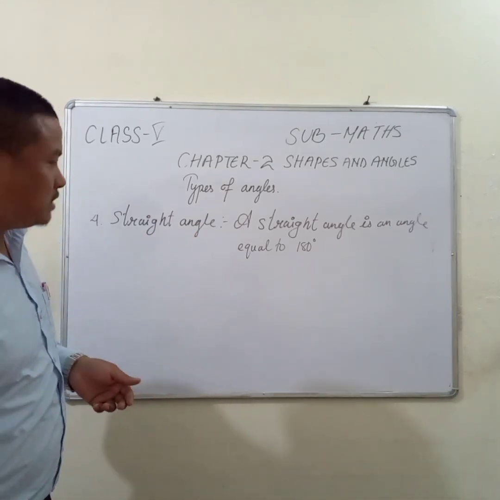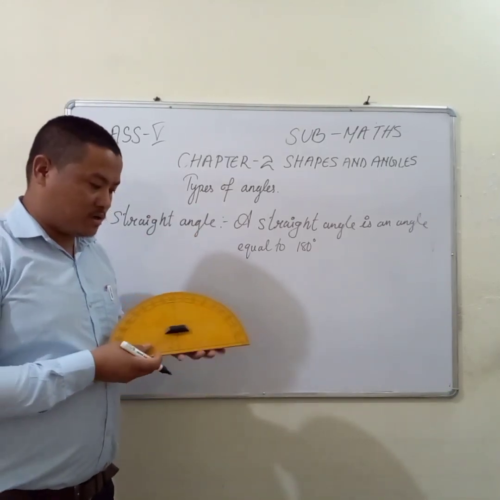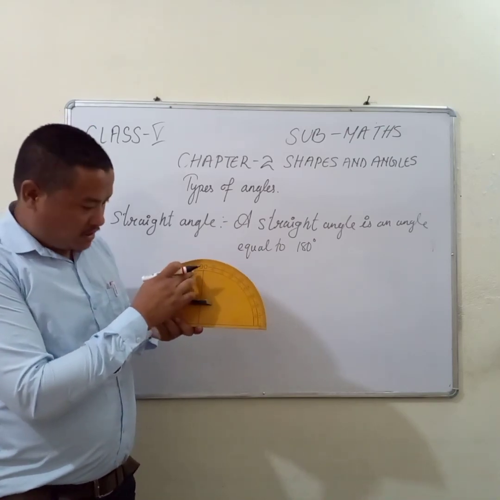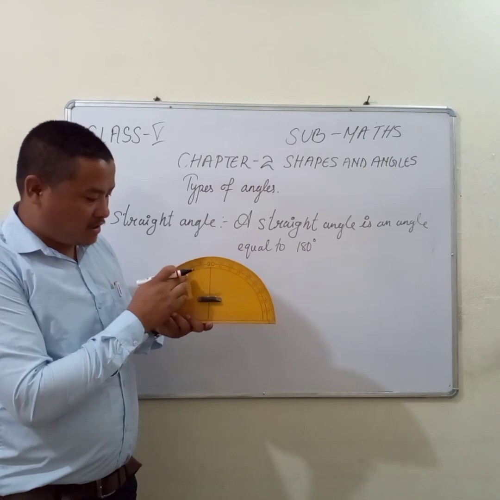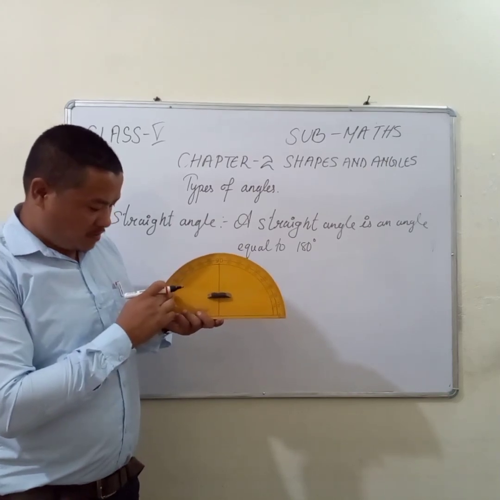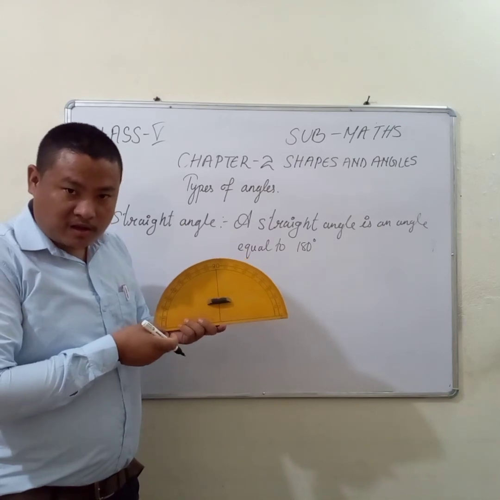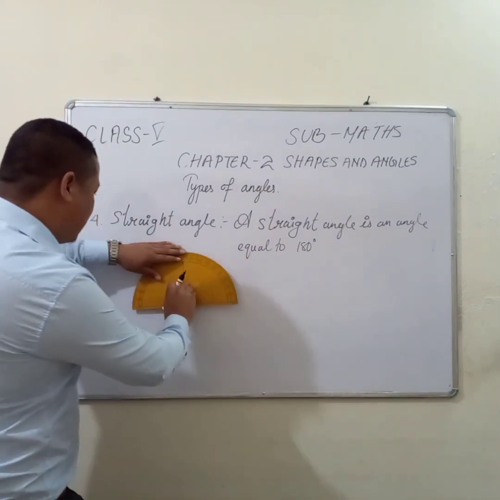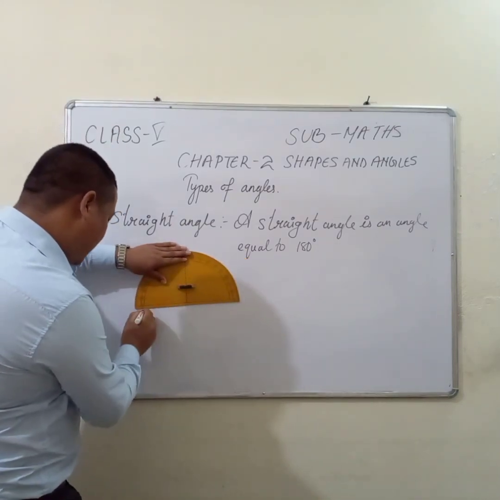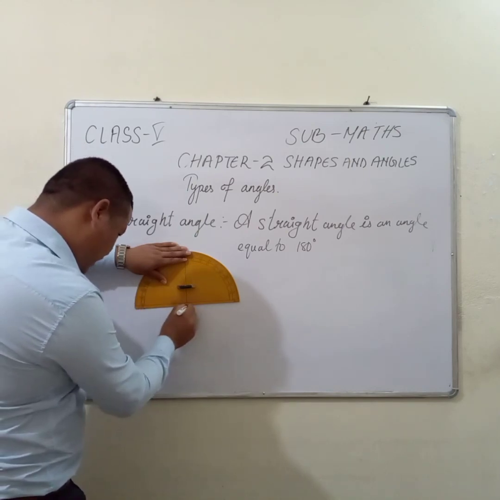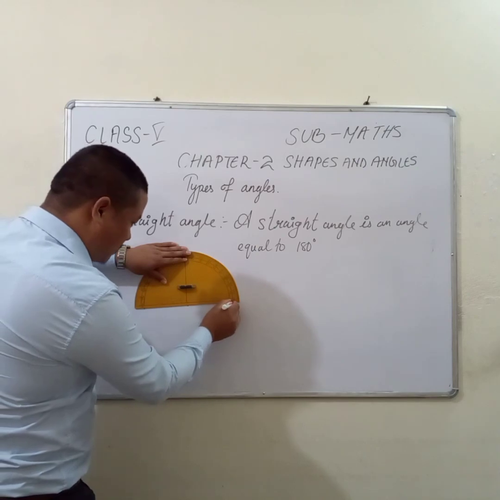Just see your protractor. Look, center one is 90, 100, 110, 120, 130, 140, 150, 160, 170, 180 degrees here. Okay, suppose I will draw a 180 degree. 180 degrees here, and center is here, and one more dot here.